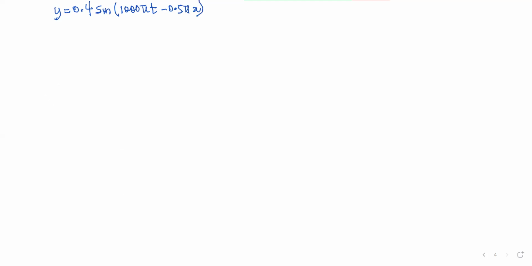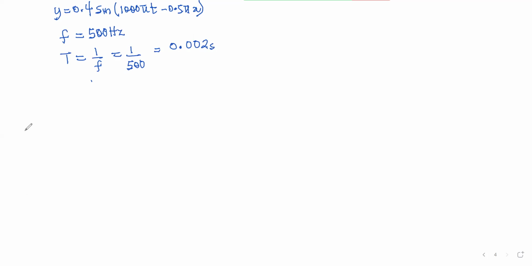Now, in plotting this, we must first determine the period. So if f is equal to 500 hertz, then the period would be equal to 1 over f, which is 1 divided by 500. And this will be 0.002 seconds.